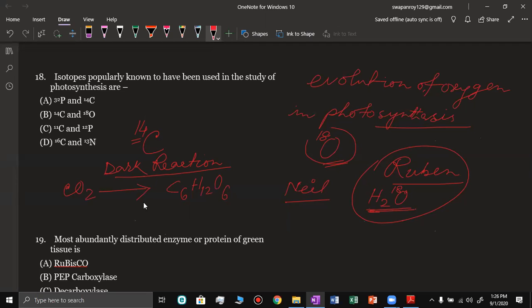That was carried out by the biochemist Melvin Calvin.